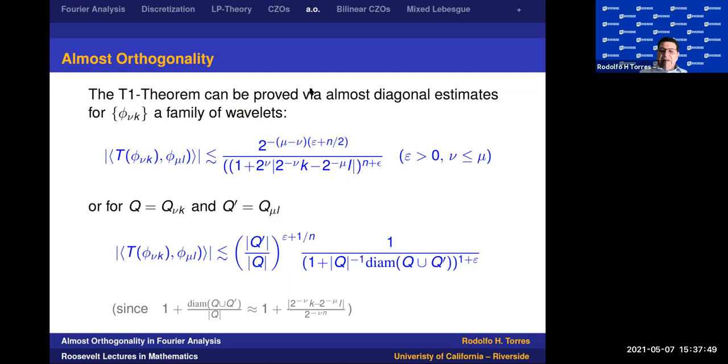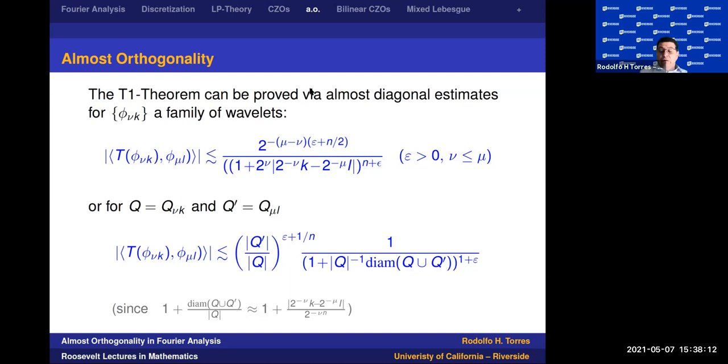The other possibility is that maybe this factor is not small because the oscillation is similar for both factors, but how about this term? When is this going to be small? Well, this is going to be small when this diameter is very large. And when is the diameter of Q union Q prime going to be very large?